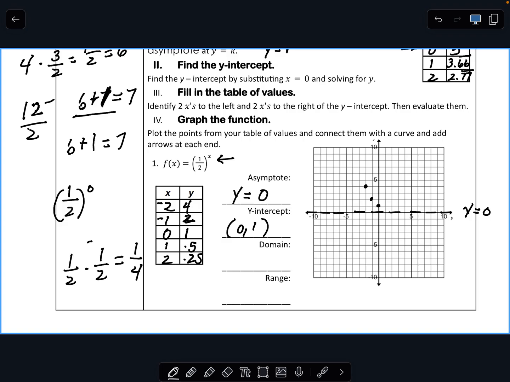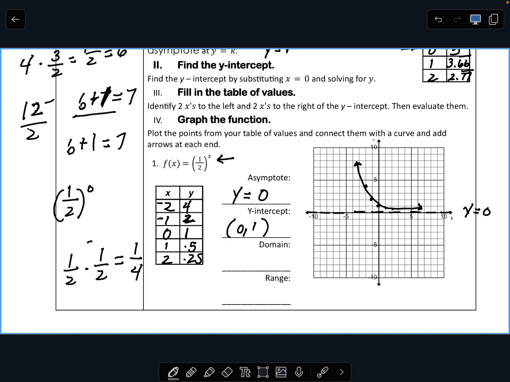And then 1 would be about 0.5, and then 0.25. And then you can draw your function, making sure you don't have it touch the x-axis, because it doesn't. It never touches that asymptote. So make sure you're graphing it correctly.